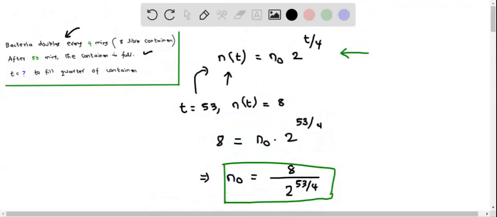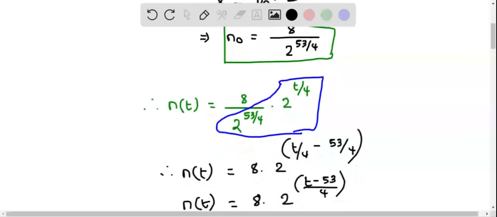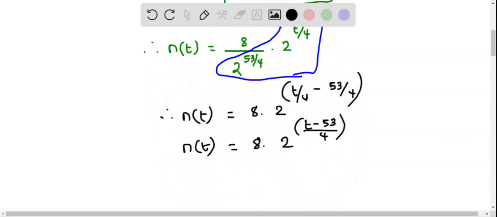And now to determine the time when the bacteria has grown to a quarter of the container, let's determine the time. So basically we have to determine the time when N(t) equals a quarter of the container.